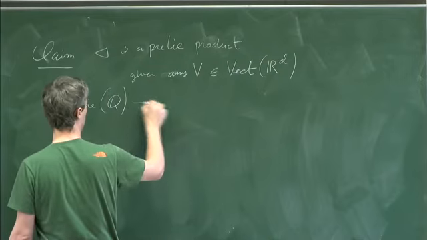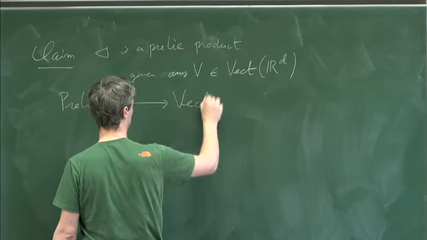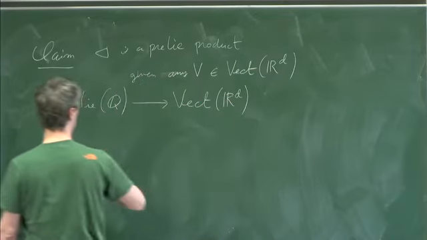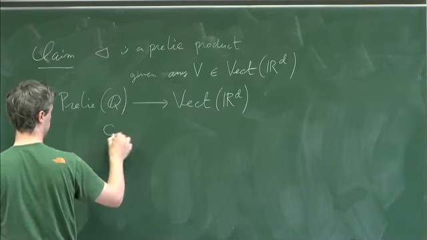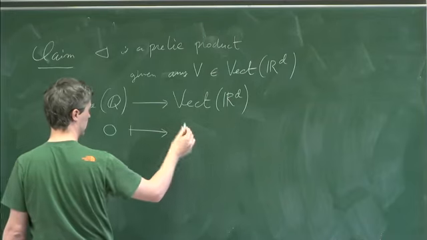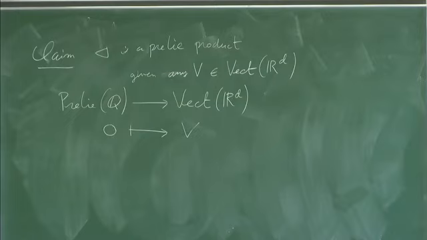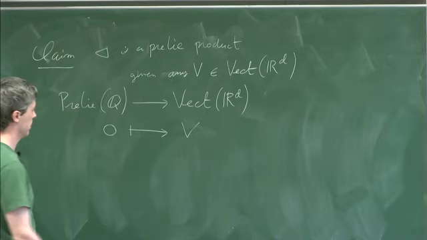We have a morphism of pre-Lie algebras which maps the generator to V. So this circle is a graph with a single vertex.